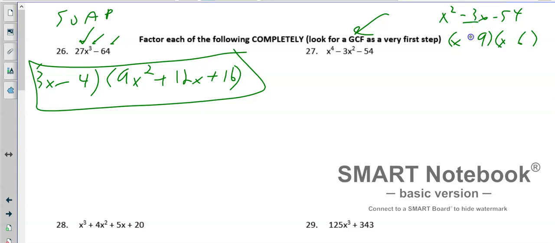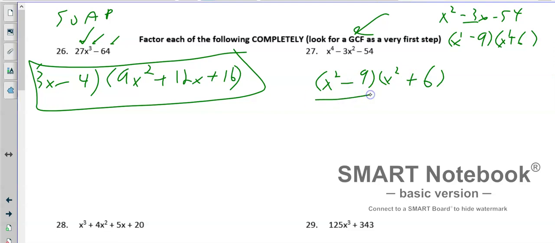We want more negatives than positives. That's it. This factors the exact same way. The only difference is instead of x to the 1 times x to the 1, it's x squared times x squared. Otherwise, it is exactly the same math.